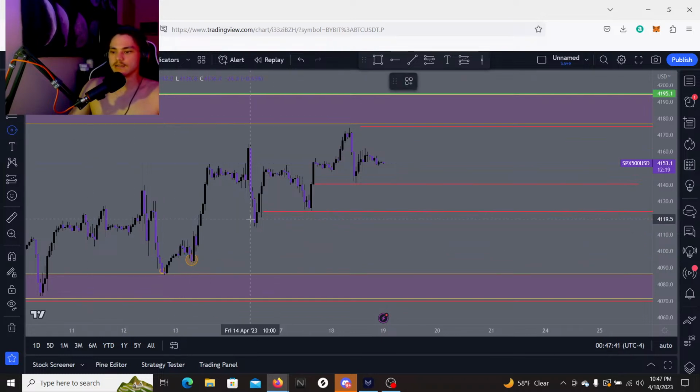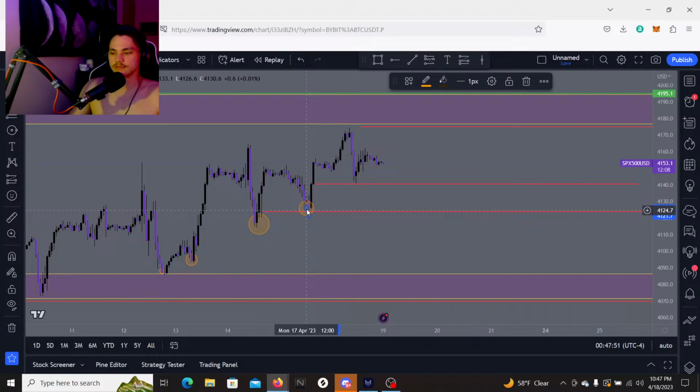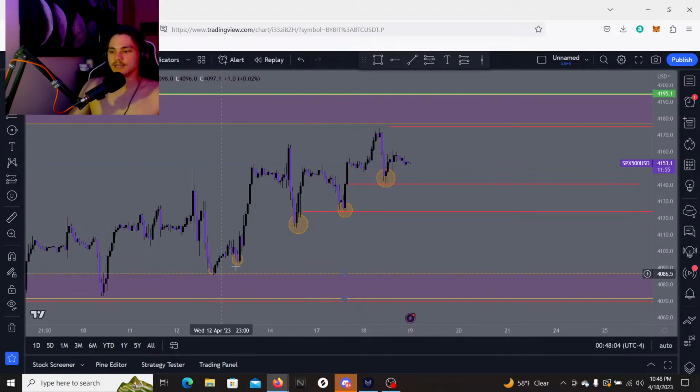Higher high. Higher high. I mean higher low. Higher low. Higher low. This is clearly bullish price structure. We're making higher lows, higher high, higher high, higher high, higher high.